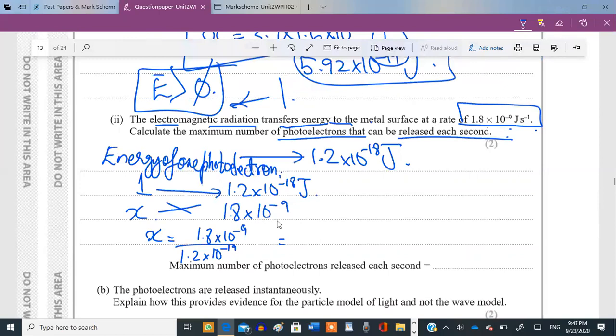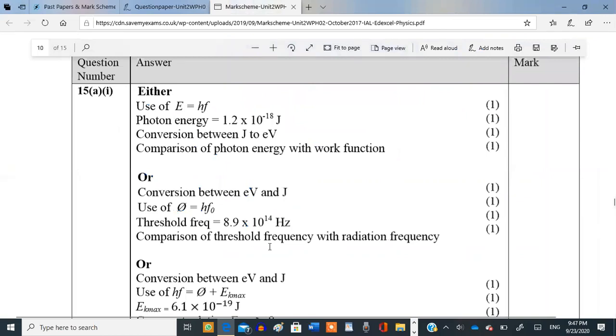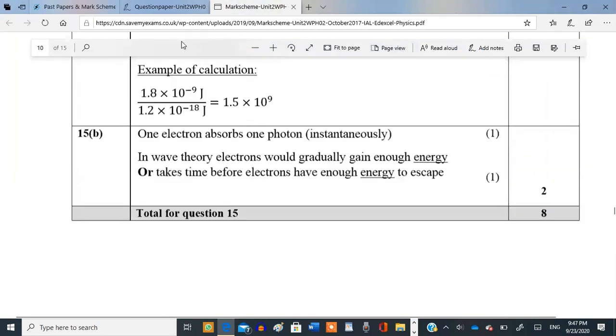It's going to be 1.8 raised to the power of minus 9 divided by, it's 1.5 raised to the power of 10, and that is, wait, it's 1.5 raised to the power of 9.